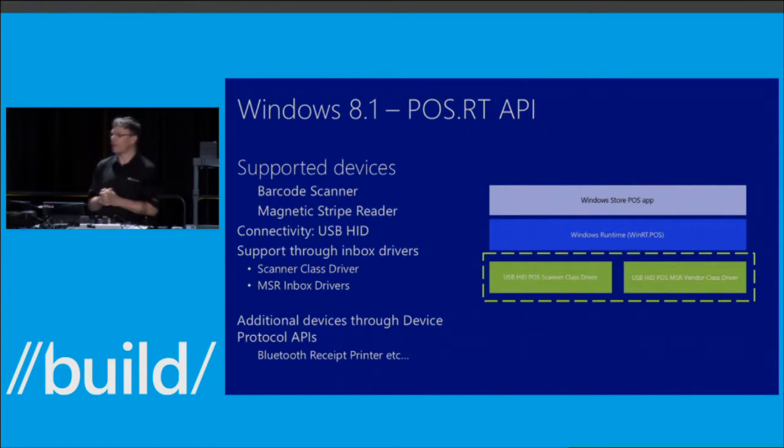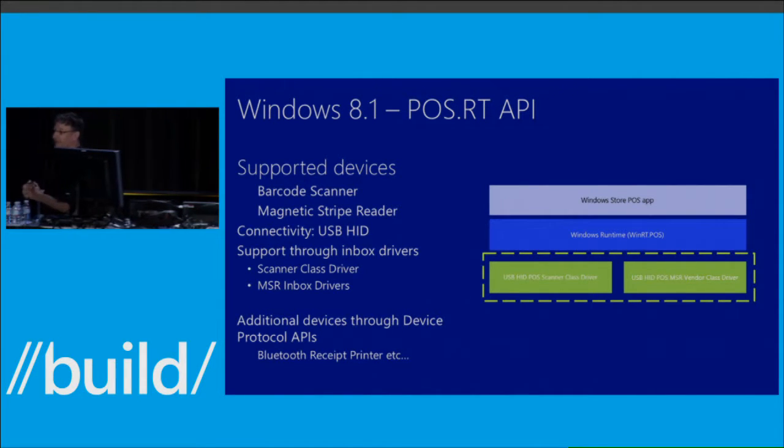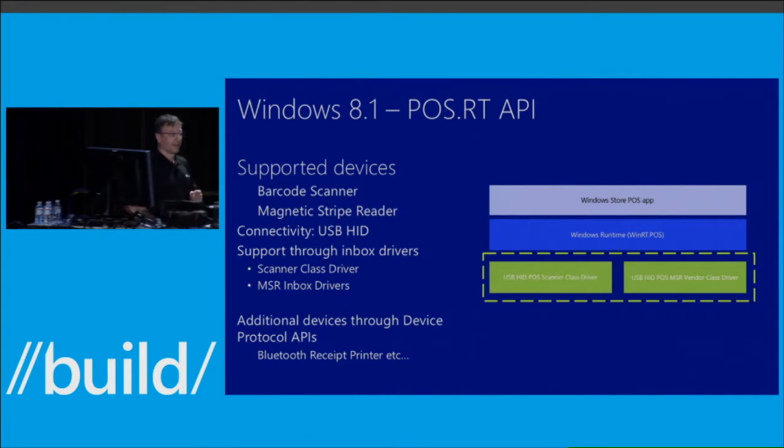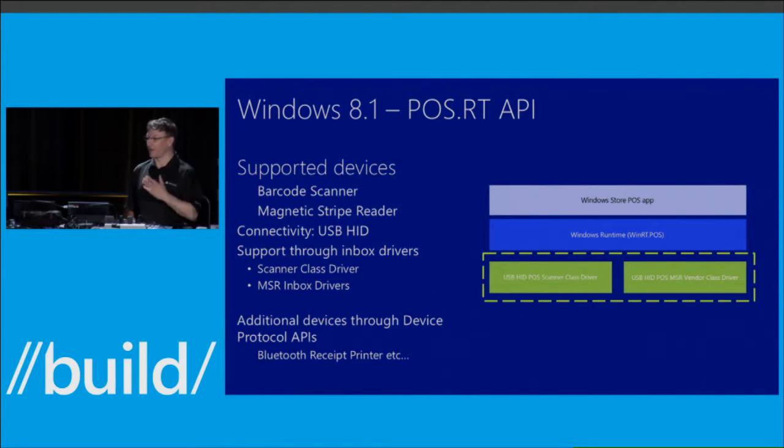There's some history behind USB HID support for these two different classes of device. If you think about the USB HID standards body, very much like UPOS and various other standards bodies, there are a whole range of different devices or classes of device that are supported through USB HID. Some of the obvious ones are things like USB HID keyboard, USB HID mouse.